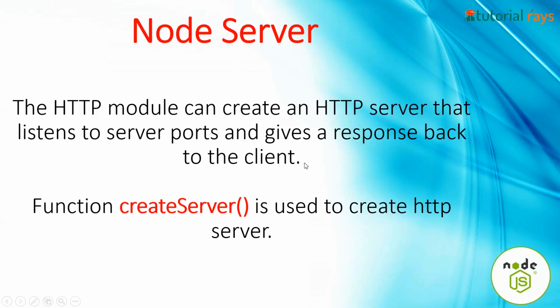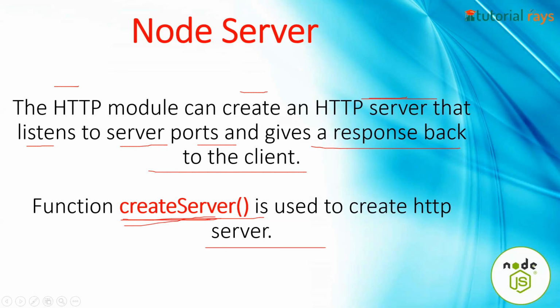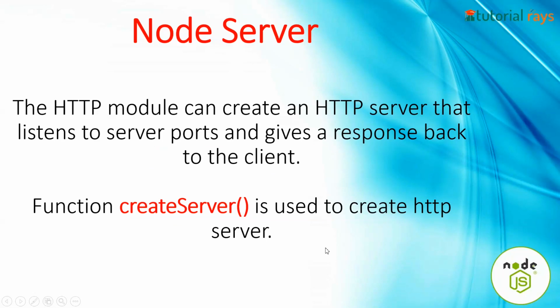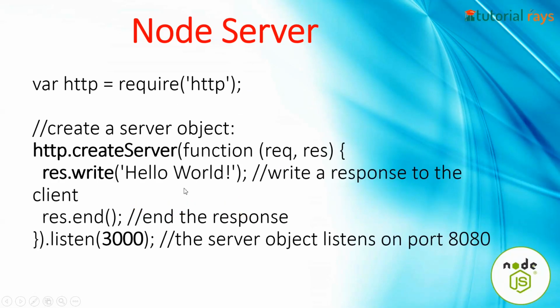So what happens here? This HTTP module creates an HTTP server that can listen to server ports and gives a response back to the client. So the function is createServer. Through createServer, we can create a server which is used to create an HTTP server. How? Let's see. So this is a very simple example of creating a server.